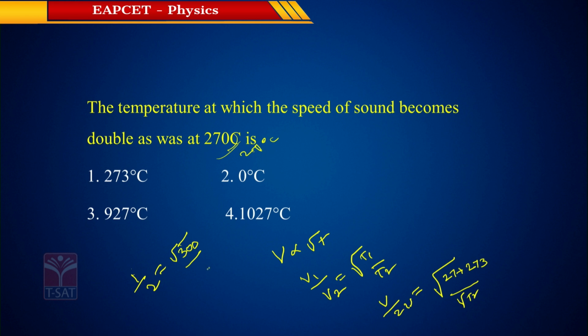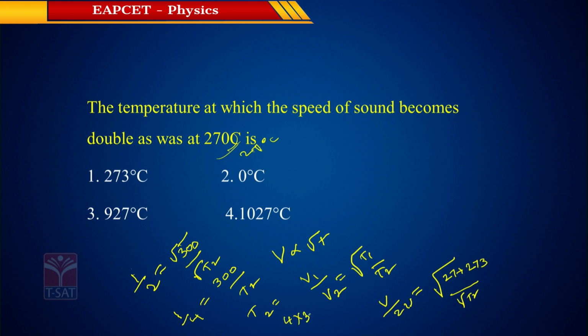Okay, children, you square it. Here 1 by 4 is equal to 300 by T2. Therefore T2 is equal to 4 into 300.